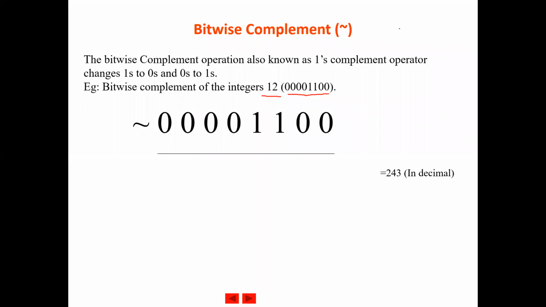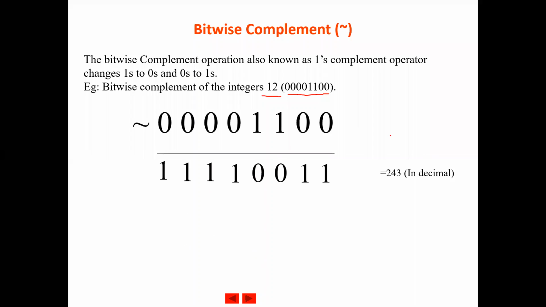Wherever zeros are there, we'll convert into 1, and 1s will be 0. The corresponding binary form, when we convert into decimal, you will be getting as 243.